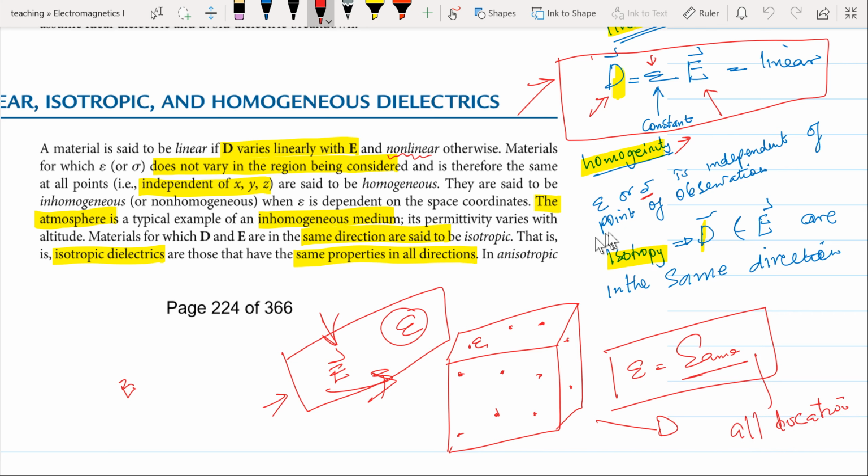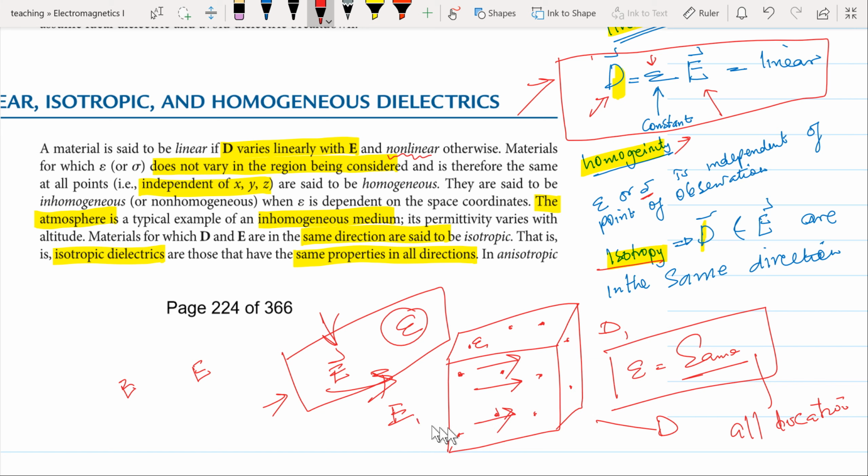And the last point is in regard to isotropy. Isotropy means that if you apply E in this direction, you get D equal to a given value, D1.